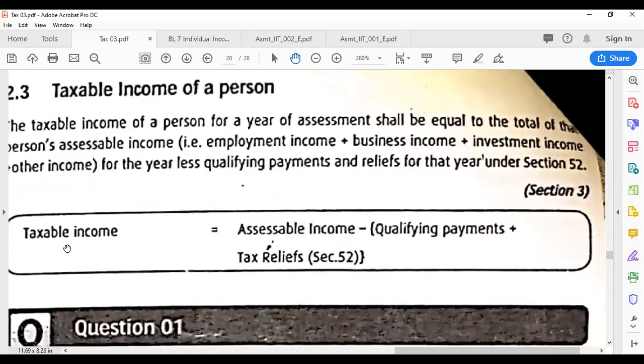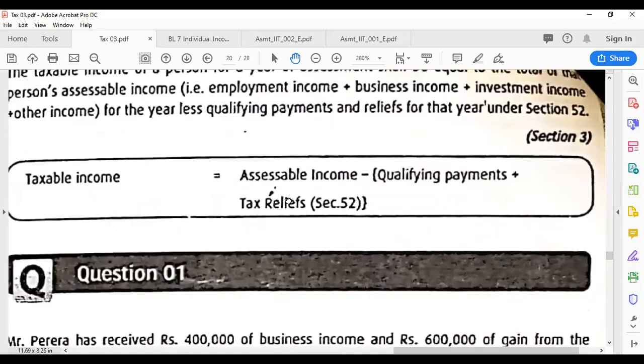Right, very simple. In simple form, taxable income equal assessable income minus qualifying payment minus tax relief.